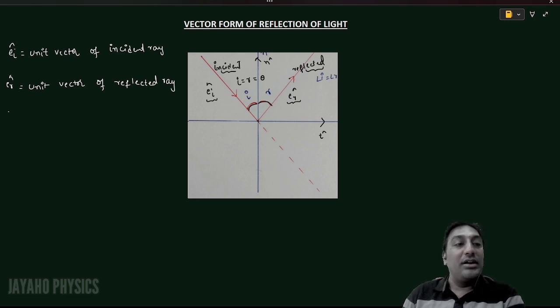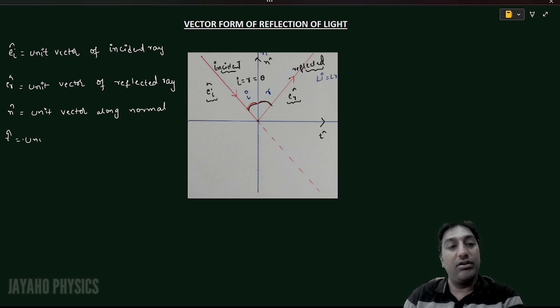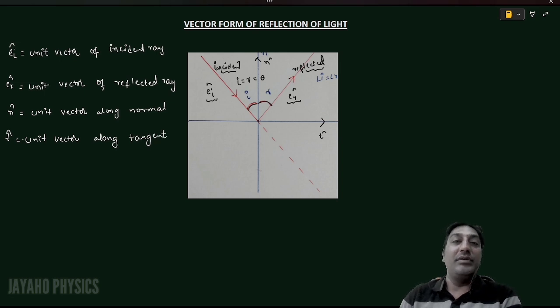And what does n cap stand for? N cap stands for the unit vector along the normal. And what does t cap stand for? T cap stands for the unit vector along the tangent, that is, along the x-axis.